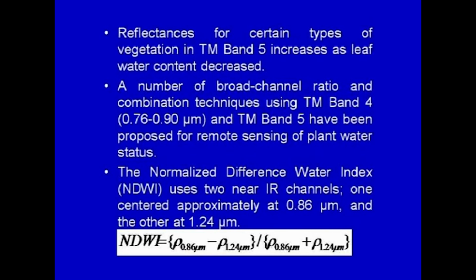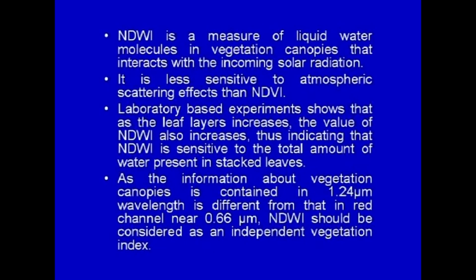The normalized difference water index uses two IR channels, one centered at approximately 0.86 micrometers and the other at 1.24 micrometers, and based on this the NDWI relationship has been developed, which is similar to NDVI, wherein we take the difference of these two wavelength brightness values divided by the sum of these two wavelength values. It is found that NDWI is a measure of liquid water molecules in vegetation canopies that interact with incoming solar radiation. It is less sensitive to atmospheric scattering effects than NDVI.